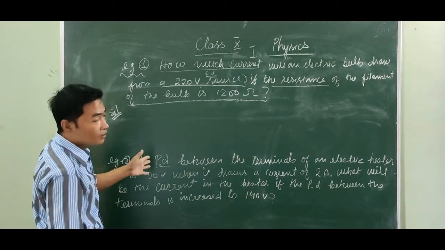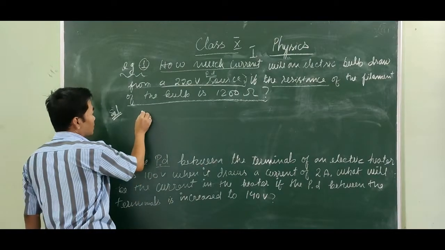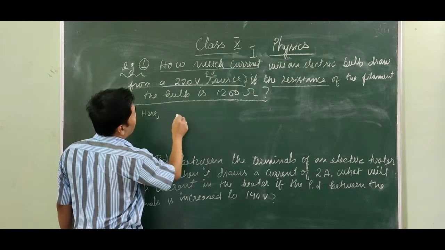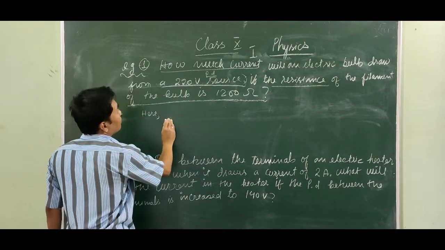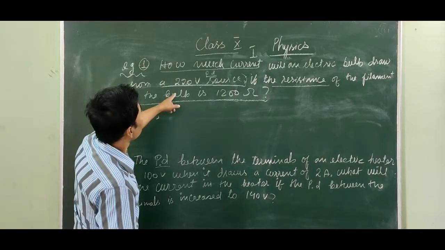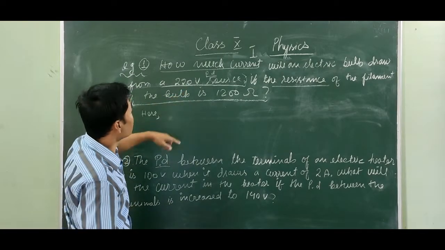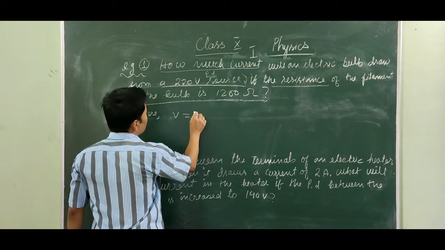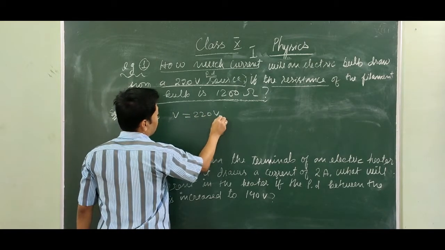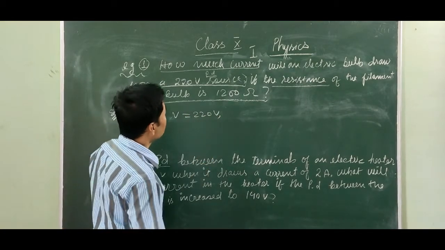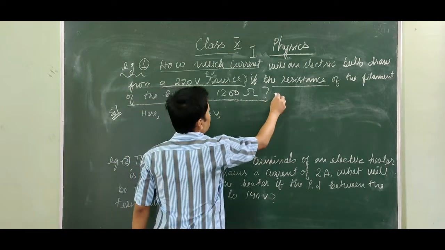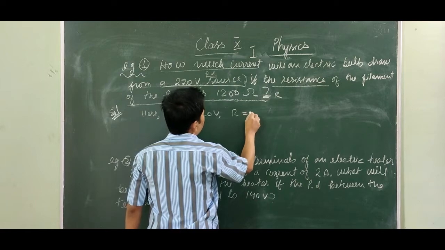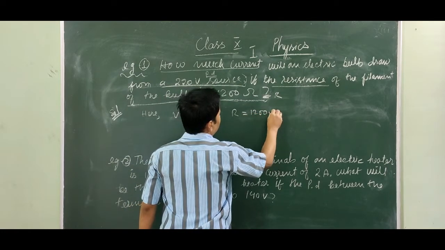So what are the things given? That we have to see first. I is not given, so we have to find it out. We have a potential difference, V, of 220 volt. And R is given. This is the resistance in ohm: 1200 ohm.